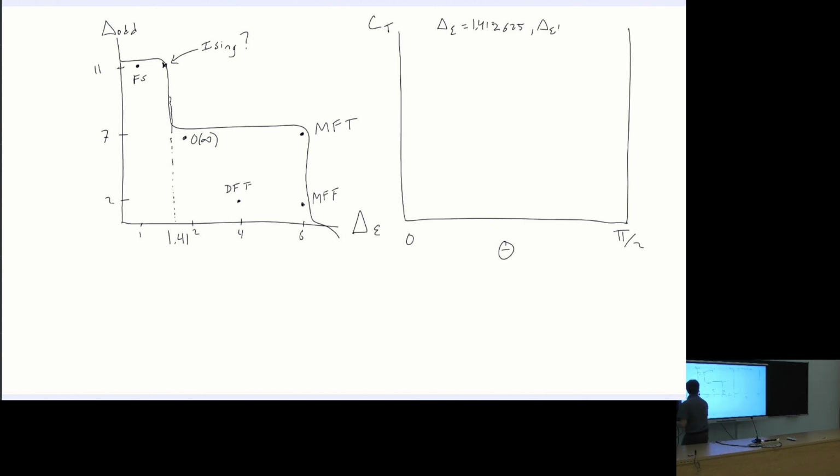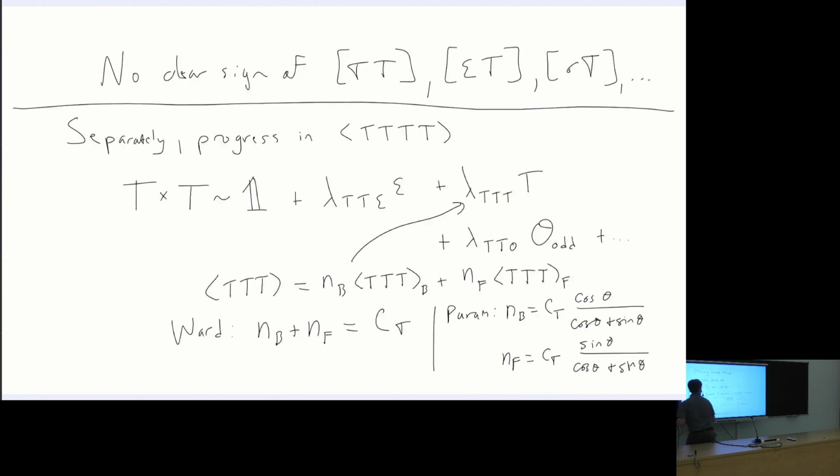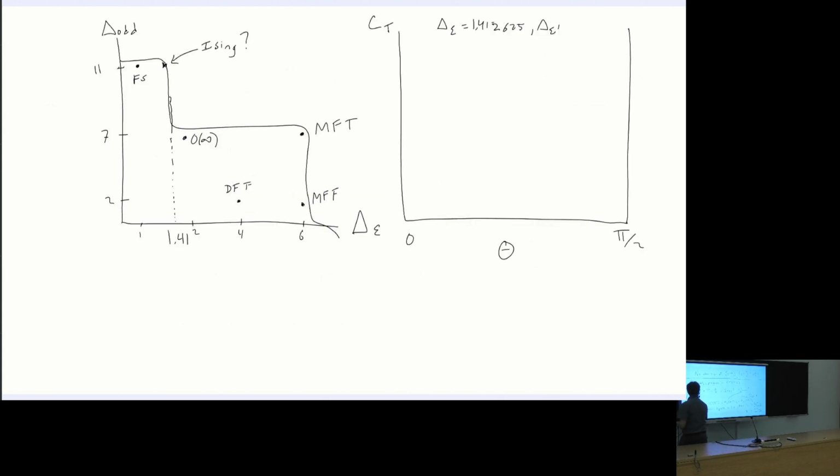Theta is this parameter which I've used to parameterize the stress tensor 3-point function. If theta equals 0, then that gives me the stress tensor 3-point function corresponding to the free boson theory. If theta is pi over 2, it gives me the 3-point function of the free fermion theory.